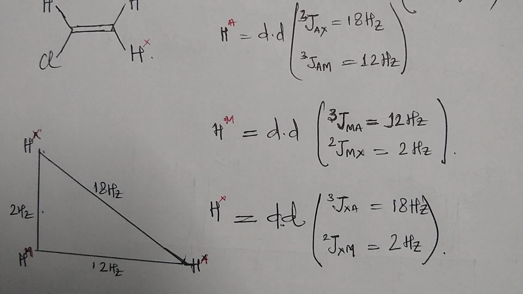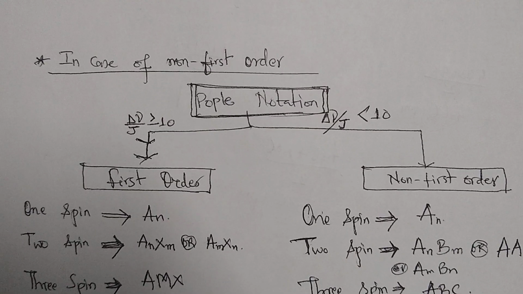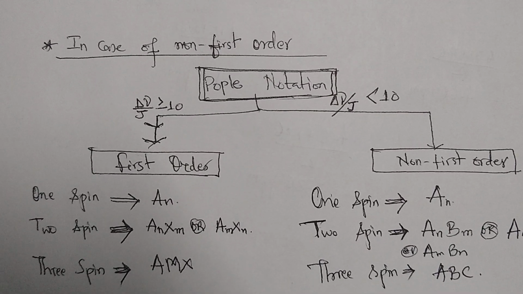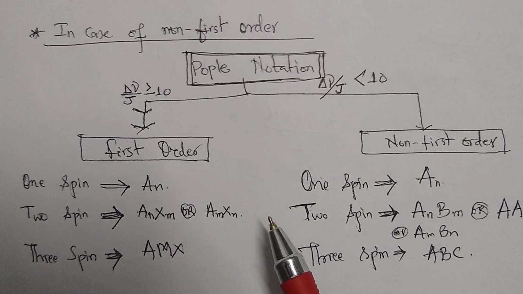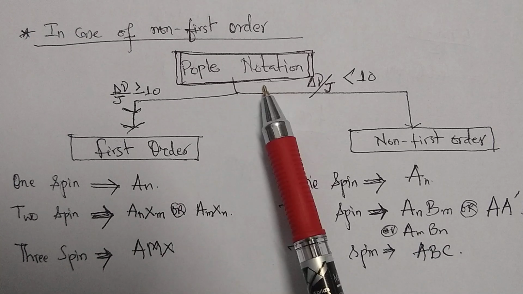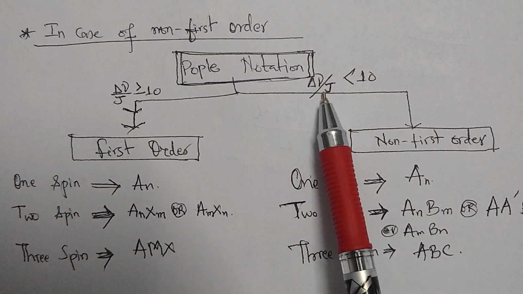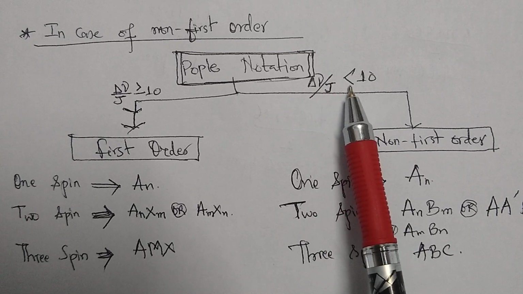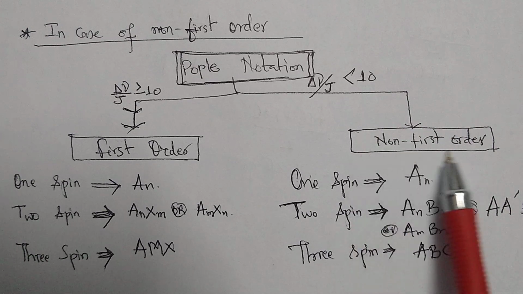Now, winding up this topic, we will consider that in the case of non-first order, the patterns of Pople notation will be slightly different. That difference we will just see here. In Pople notation, if delta nu by J, that is chemical shift by coupling constant, is less than 10, then it will be non-first order, which we have seen already.